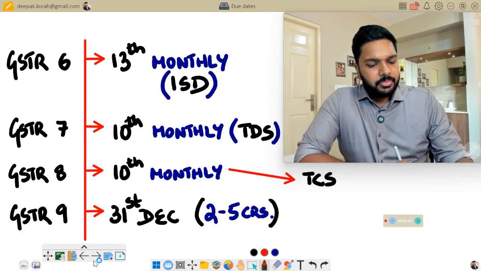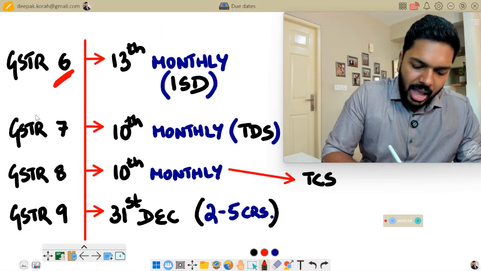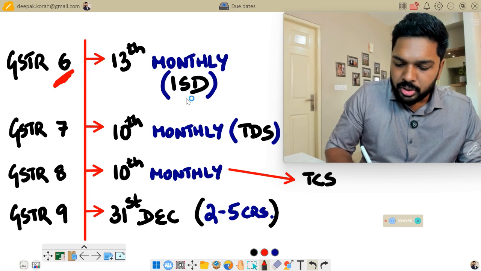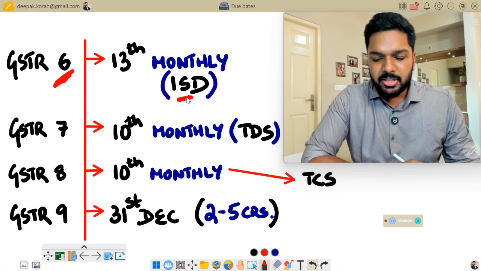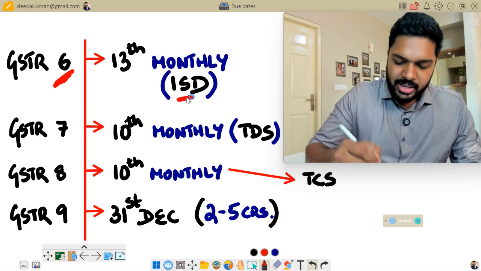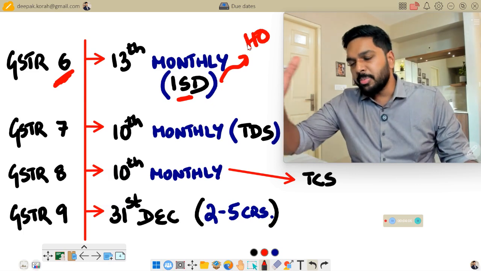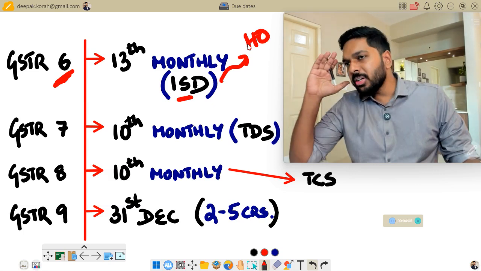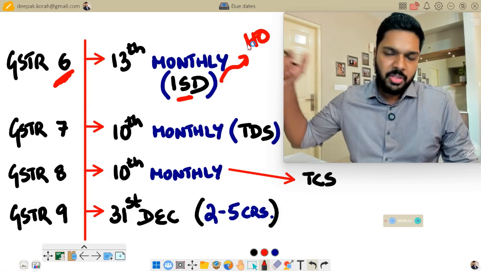Moving on, you have a fairly new return called GSTR-6, and this is meant for those under the input service distributor, those who are tagged as ISD taxpayers. ISD is basically functioning like a head office where you have, let's say, a head office with multiple branches, and whatever common credits come to the head office will need to be distributed to the branches in the proportion of the turnover.